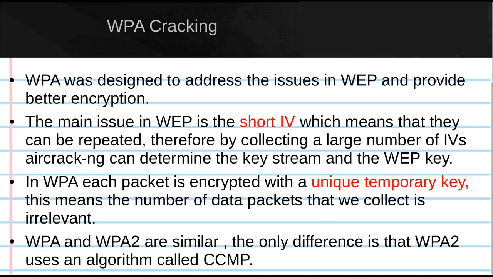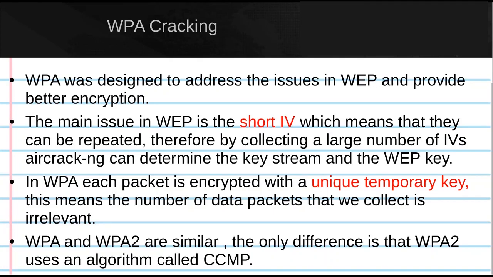The short initialization vector meant that the possibilities of having a unique IV in each packet can be exhausted in active networks. So when we were injecting packets, or in naturally active networks, we will have more than 2 packets that have the same IV. When this happens, Aircrack-ng can use statistical attacks to determine the key stream and then determine the WEP key.